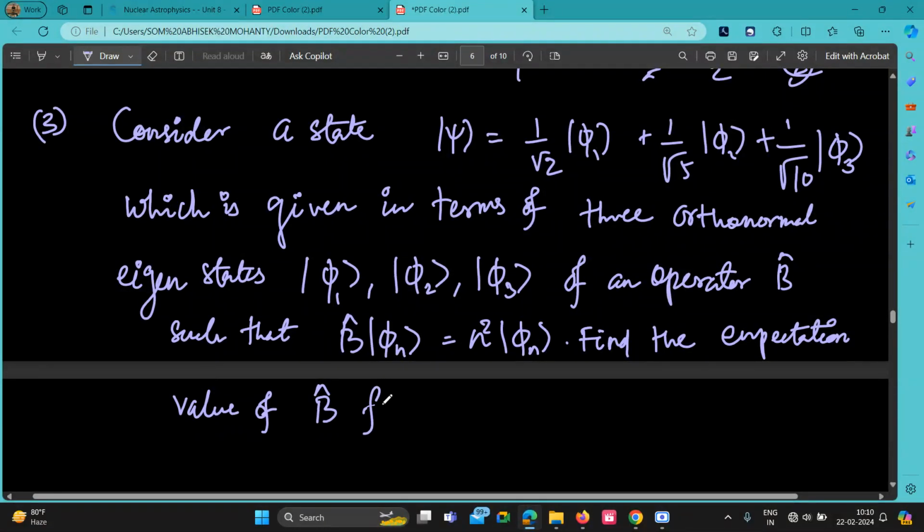Find the expectation value of B for the state psi. Try this question.